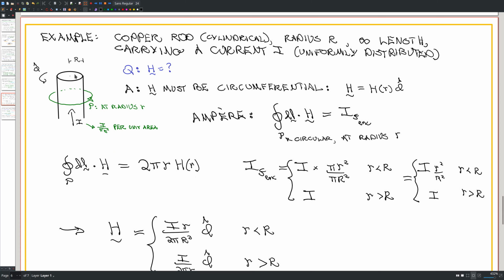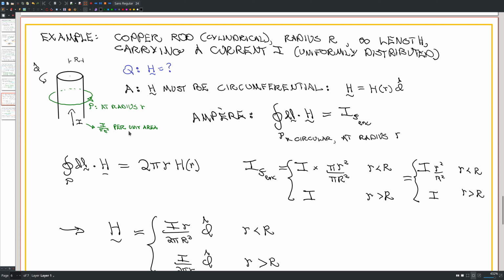Now, what we suppose is that the rod carries a total current I, which is uniformly distributed throughout the area. So if you want, the flow of charge is uniform, irrespective of where you're sitting on the cross-section of the cylinder here.